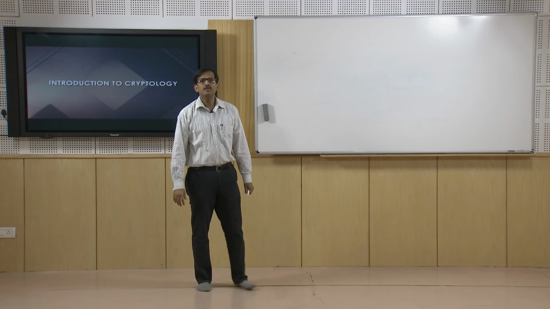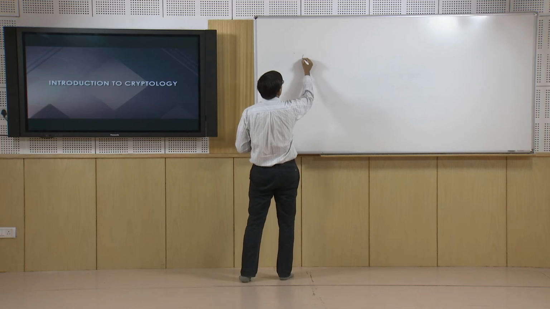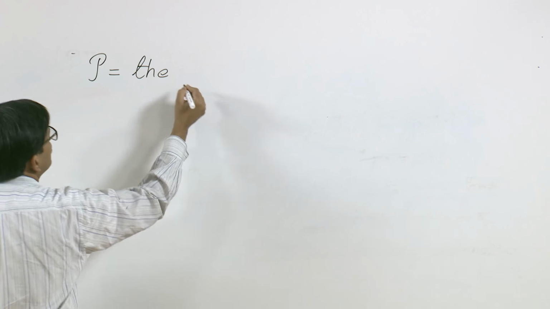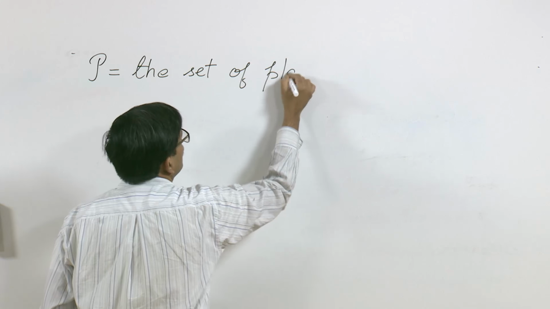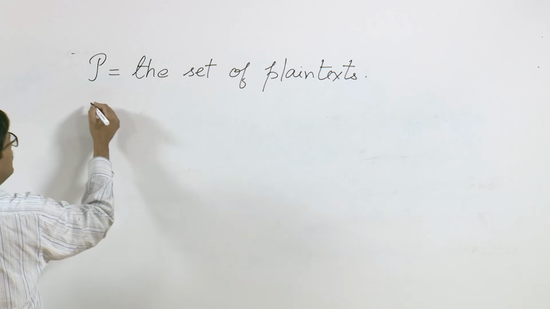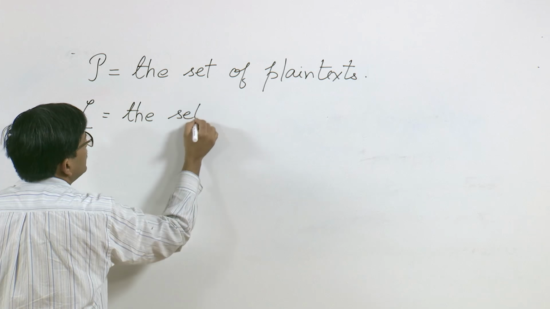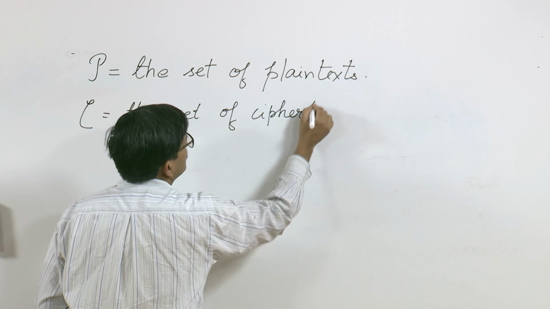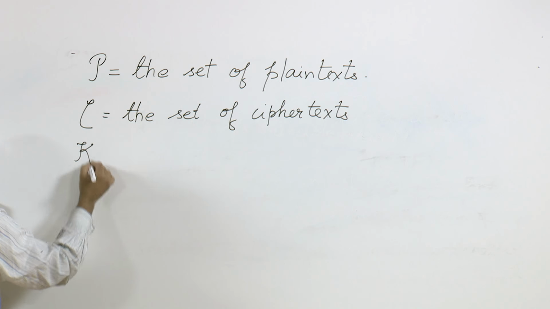Now we are in a position to use some formalism. We take some sets. The first set we consider is called the set of plain texts. The second set is the set of cipher texts. The third set is a set of keys.